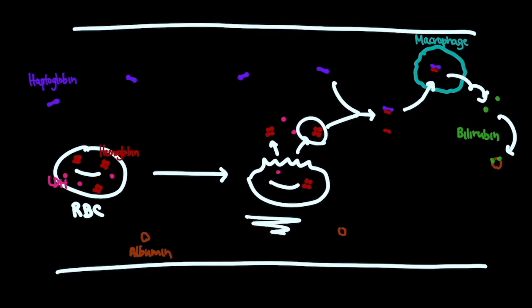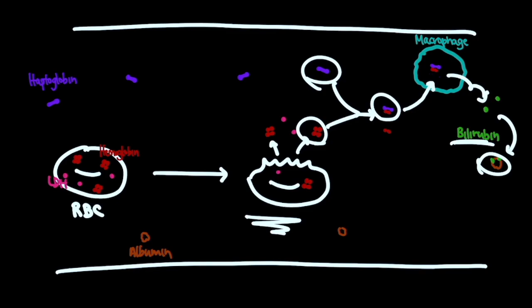And when it breaks apart, the haptoglobin molecules produced by the liver that I mentioned earlier capture these hemoglobin molecules and bind them together. Now, when they're bound together, macrophages are able to find these combinations and eat them up, process them, and spit out unconjugated bilirubin. And these unconjugated bilirubins that are spit out get caught and stored by albumin and brought into the liver where they're further processed.